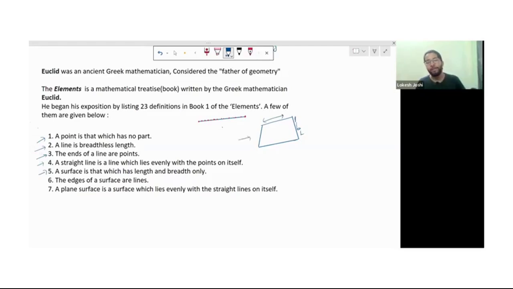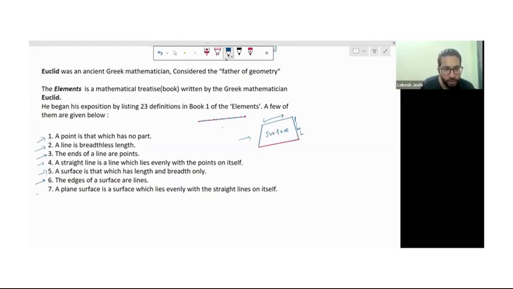This definition is somewhat unclear, but we have to study it as it's the fifth point of this book. Now the sixth one, the edges of a surface are lines. We say this one is a surface, and the edges, the red ones, all four edges of that figure are lines.